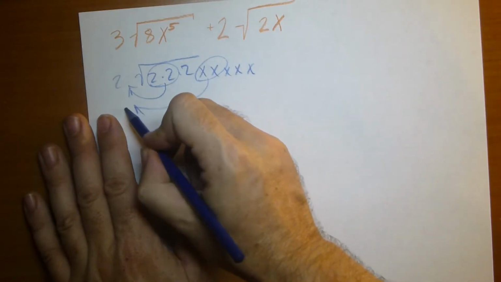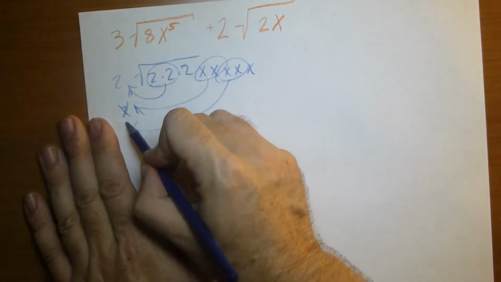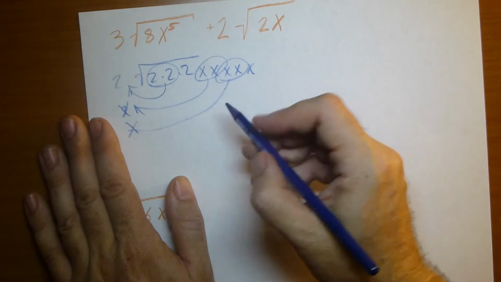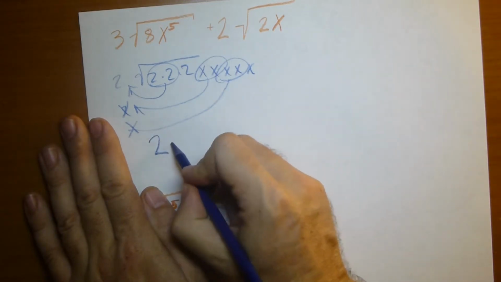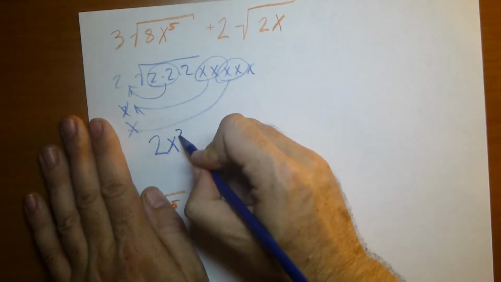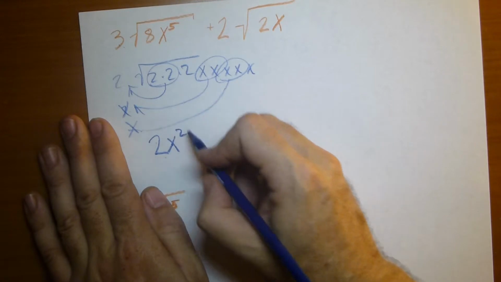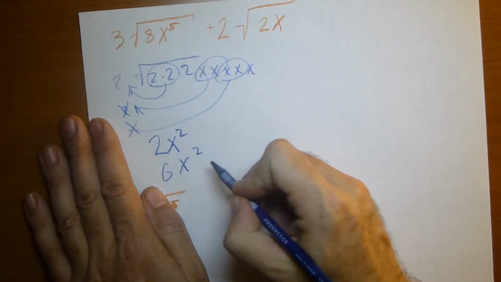And pull x out. I can pull another one out. I'm left with 2. Of course, our x's are x squared times our 3. So 2 times 3 is going to give us 6x squared.